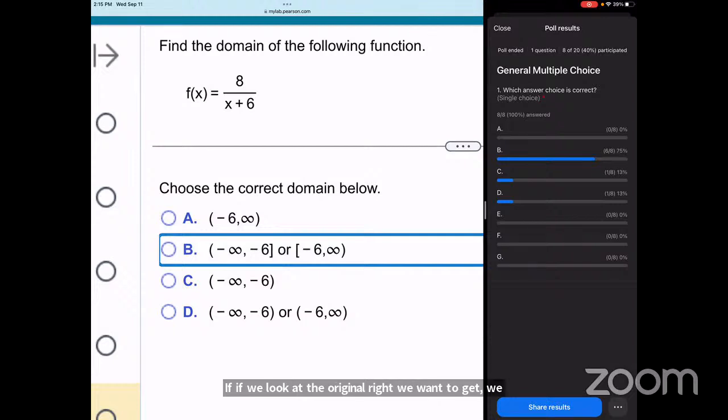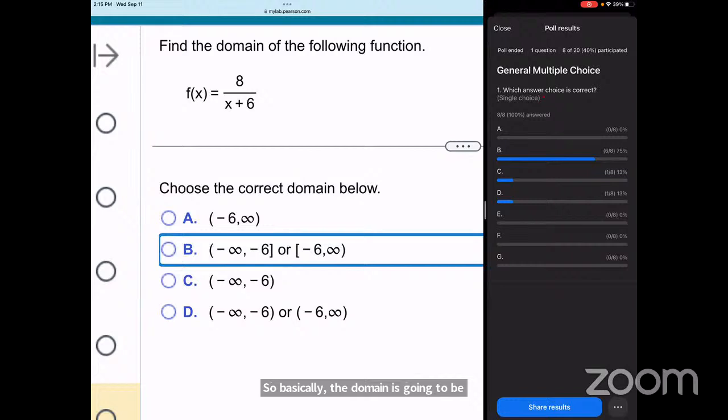It's pretty clear that when x is -6, it produces a 0 in the denominator. So we have to remove x equals -6. We don't want any answer to be -6. So basically the domain is all reals except -6.